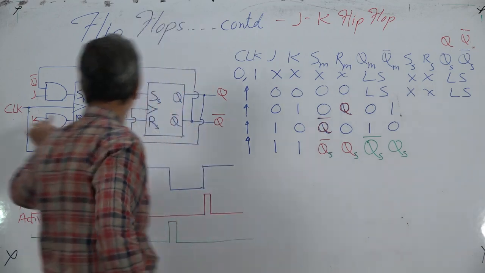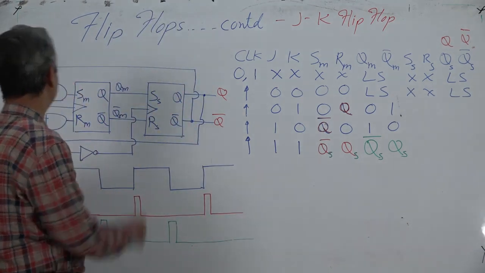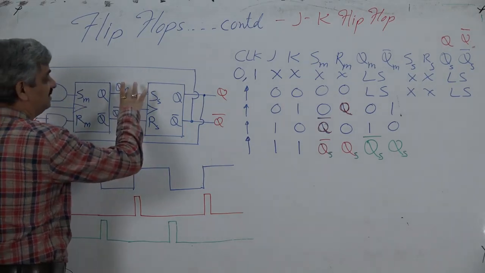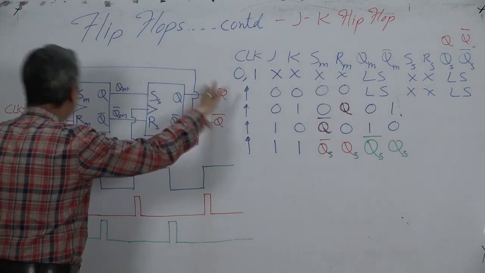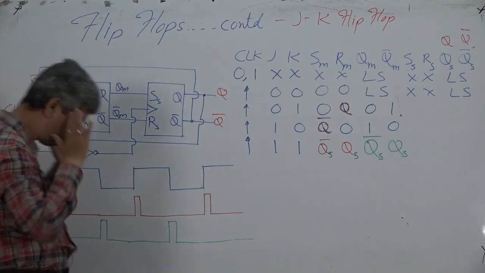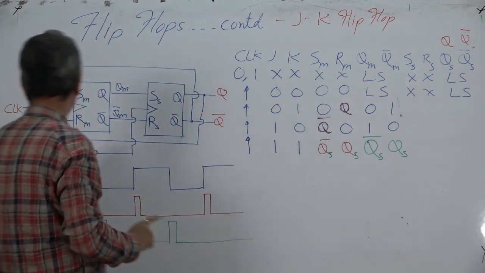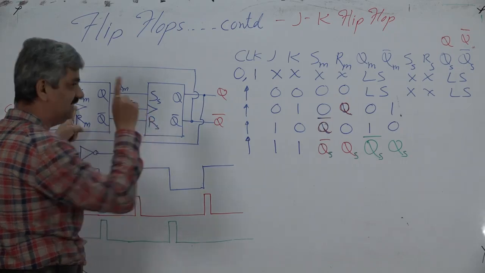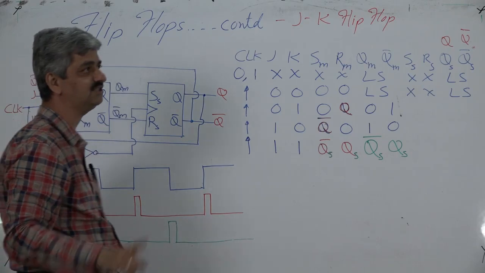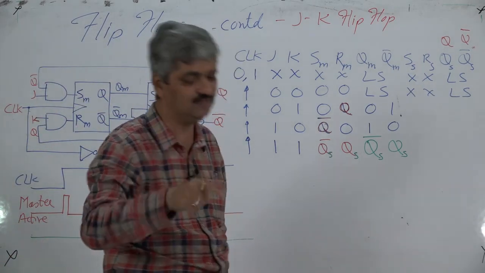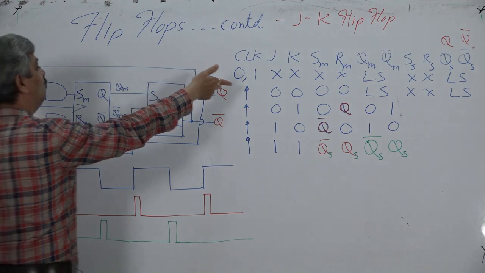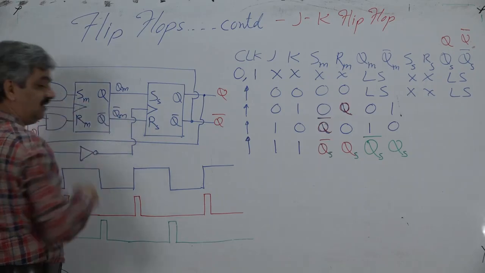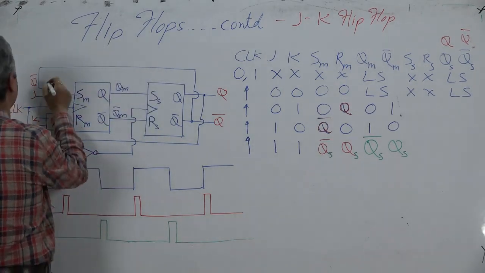The master's inputs decide this at the time of the rising edge, but this doesn't go ahead, so this doesn't change. What I mean to say is, since this active timing and that active timing are completely disconnected, Q and Q bar of the slave come as input of the master at this AND gate.